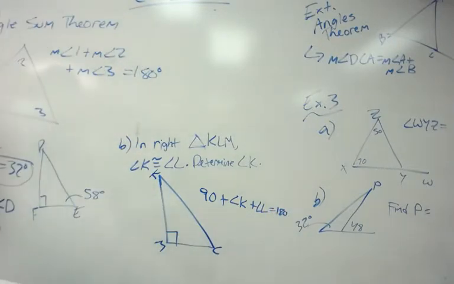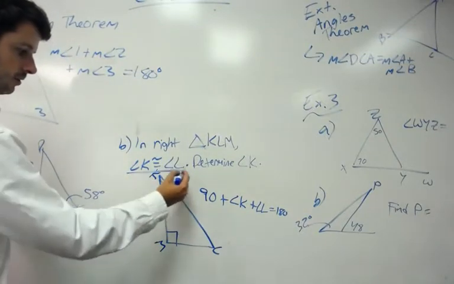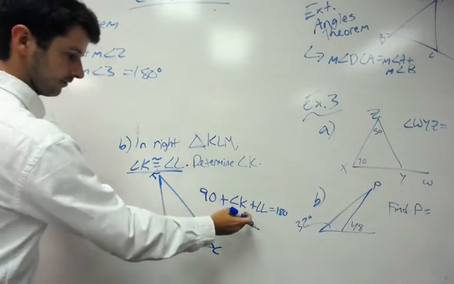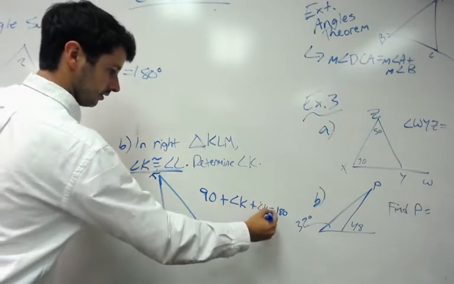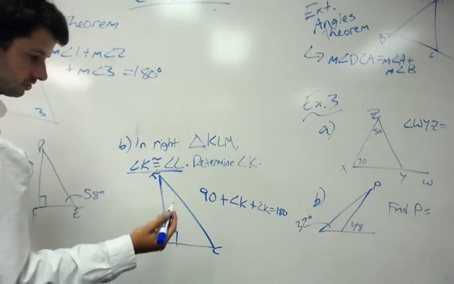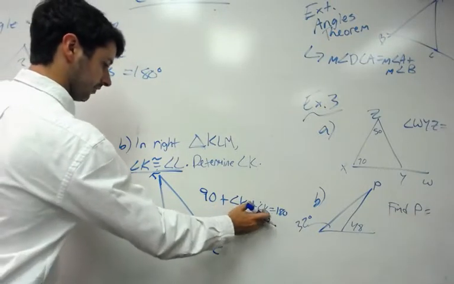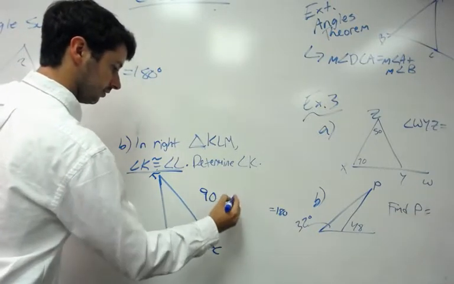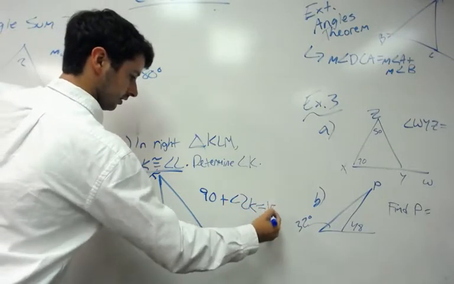Now what we can do here is what's called substitution. Since we know that they are congruent, we can actually refer to angle L as angle K. So now we have two of the same variable. Just like adding one x plus another x, adding angle K plus angle K, we can call that 2K, and that equals 180.